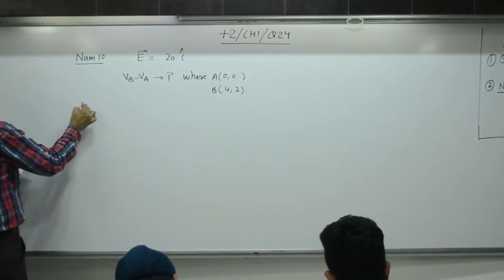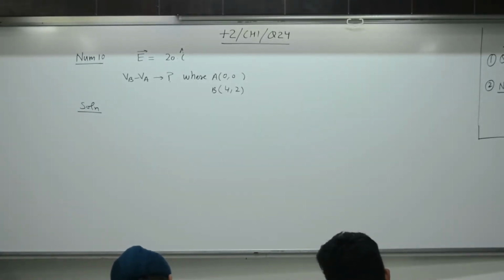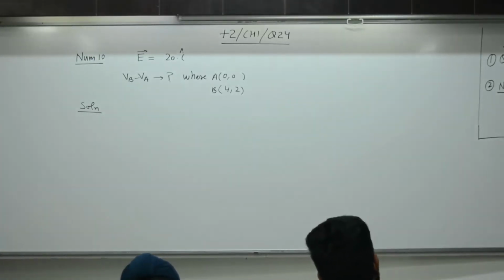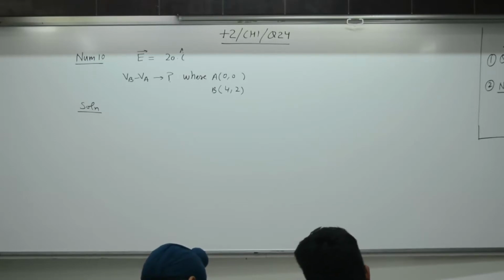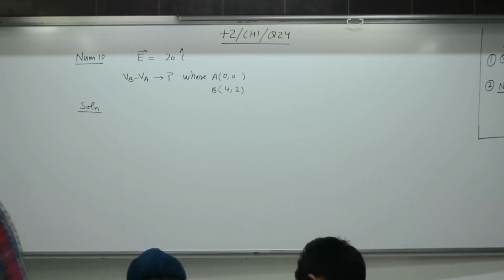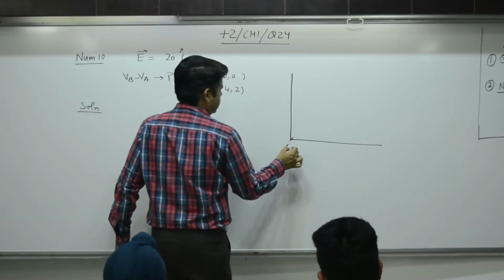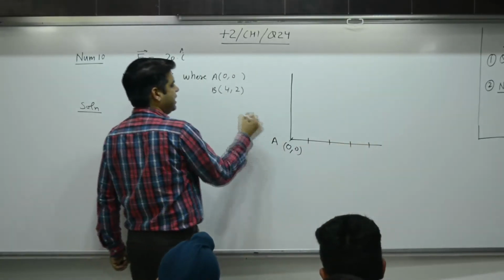Draw the diagram, mark A and B. Coordinates of A are 0, 0, the origin. B is 1, 2, 3, 4, x is 4 and y is 2.